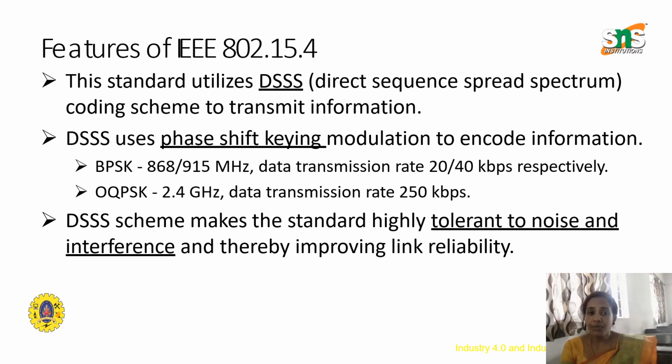The main features of IEEE 802.15.4: this standard uses a direct sequence spread spectrum coding scheme to transmit the information. Phase shift keying modulation is used to encode the data. When we are sending the data through a channel, it cannot be sent as such.